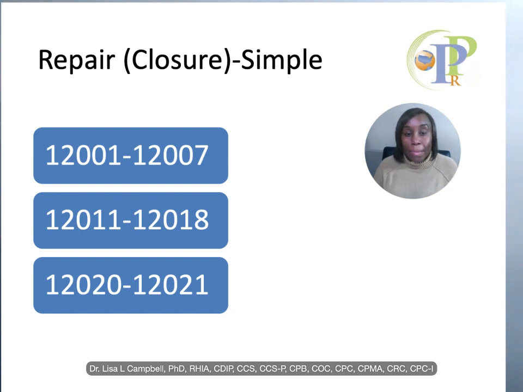So, what does that mean? That means that if you have a simple repair that falls under the anatomic sites represented in 12001, you can actually add those together. Of note, very, very important, there are some rules regarding adding your repairs.